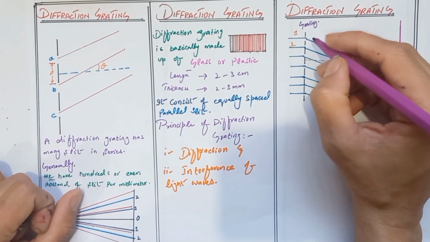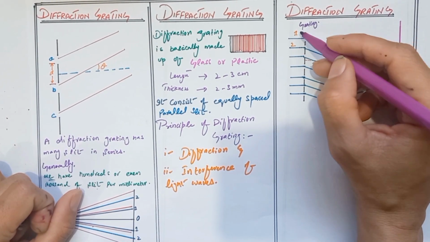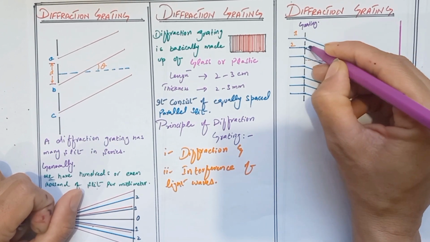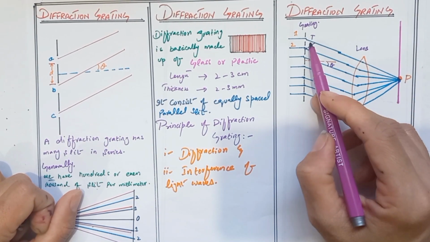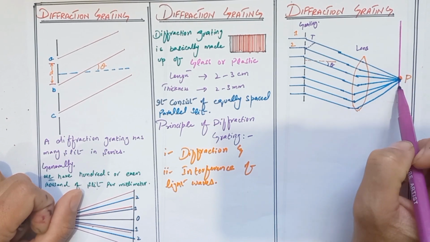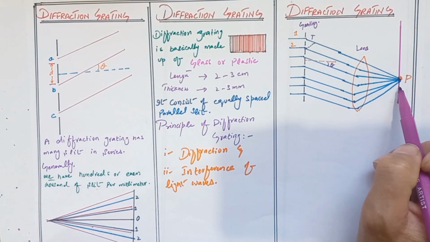If we take two rays, the first ray and the second ray, and the path difference between the two rays is equal to lambda, then when these two rays interfere at point P, they make a bright fringe.